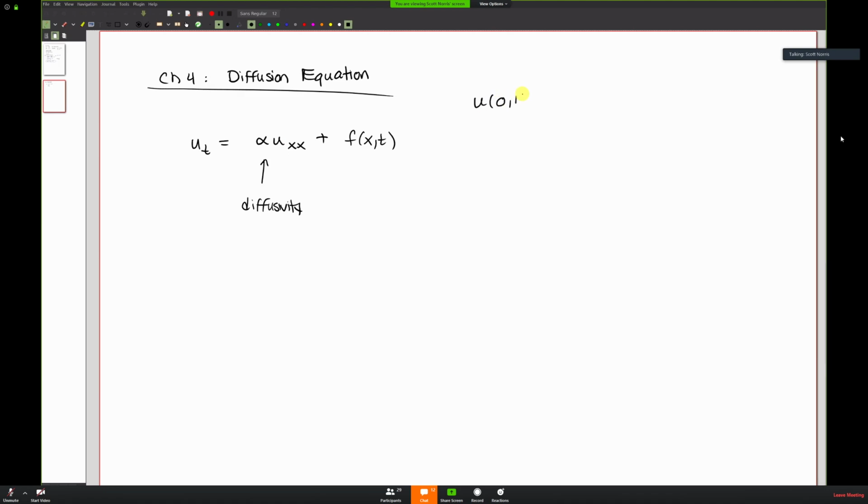But now those boundary conditions in principle depend on time. And this could be u or ux. In fact, I should go back to this sort of awkward but more generic form: B1 of U and UX, and then B2 of U and UX.